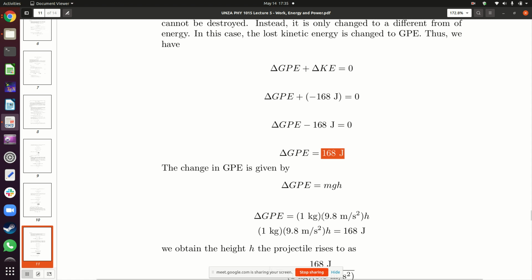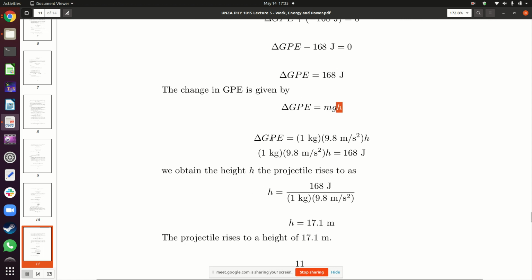Now, the change in gravitational potential energy is given by the mass of the object multiplied by the acceleration due to gravity multiplied by the height through which this particular object went. In this case, the mass of the object is 1 kg, times g, which is 9.8, times the height.